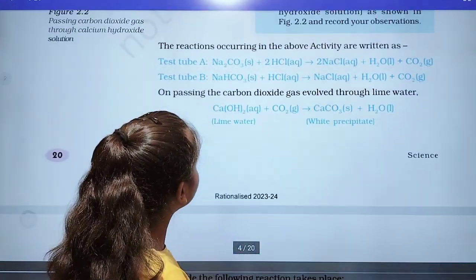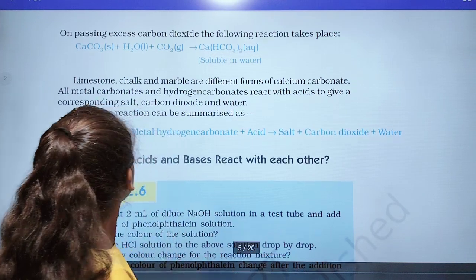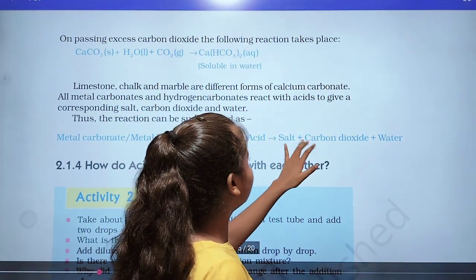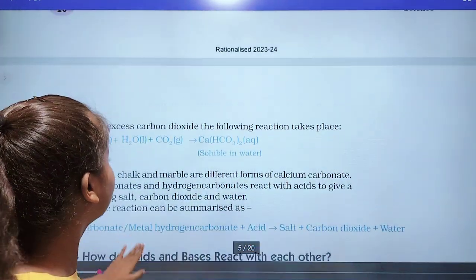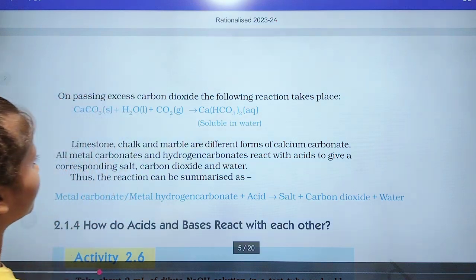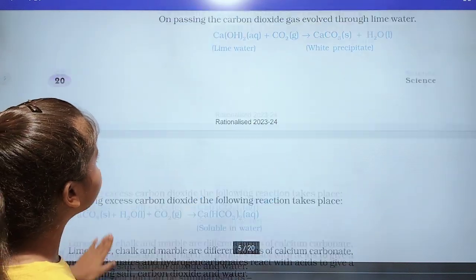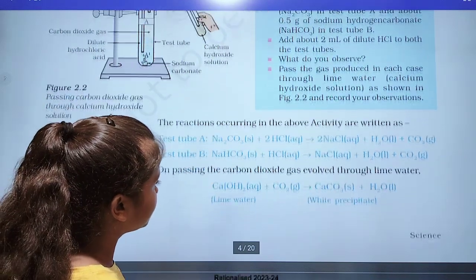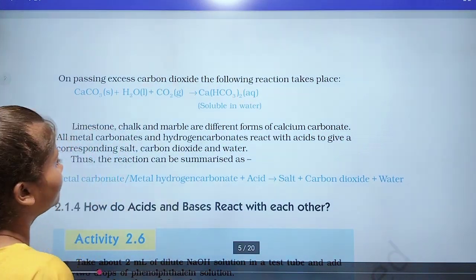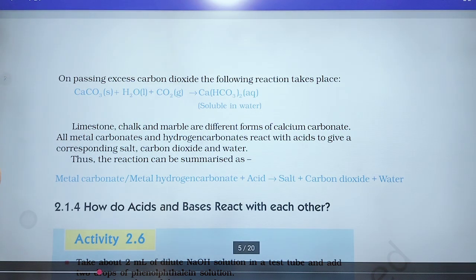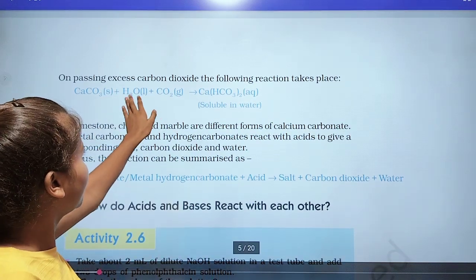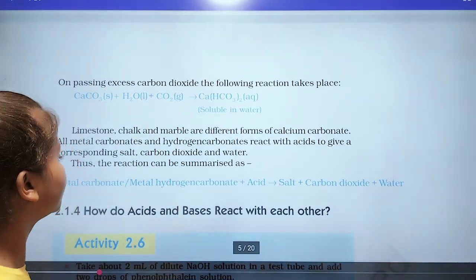After that there is one more thing. If we add metal carbonate or metal hydrogen carbonate plus acid, it gives salt, carbon dioxide and water. We can see here it's a salt, carbon dioxide and water. This one is a metal carbonate, and here we see it gives salt, water, and carbon dioxide.